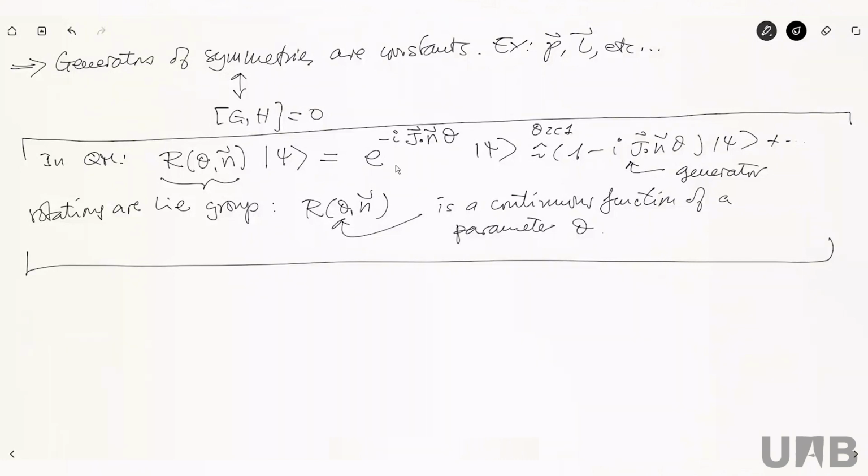And if instead of a rotation it were a space translation, then it would also be the exponential of the linear momentum times a parameter, which would be the space translation that we have. So rotations, translations, and time evolution are Lie groups. In particular, time evolution is the same as time translation.